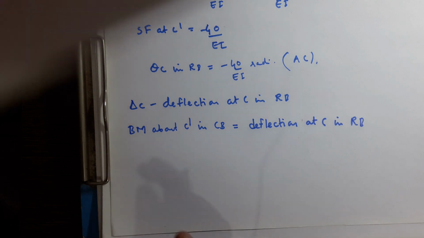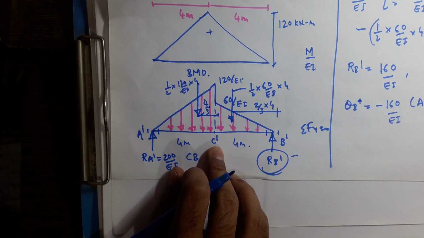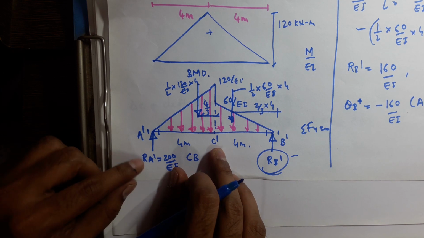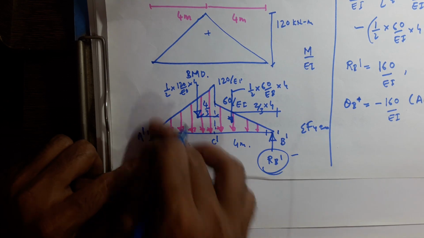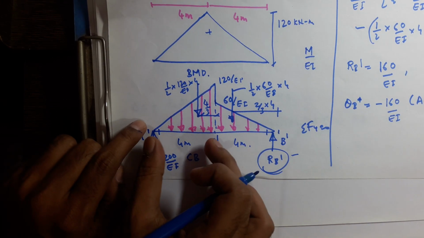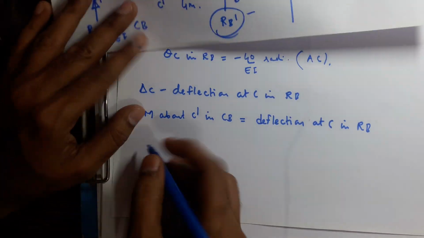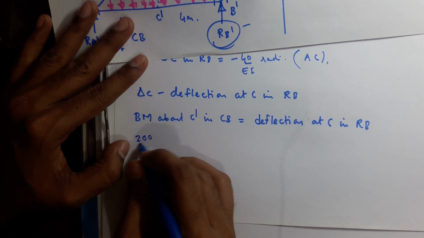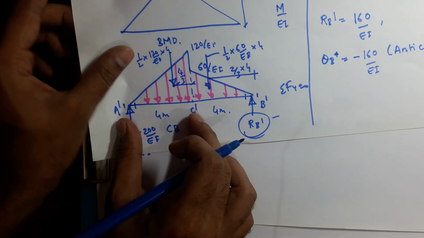So what will be bending moment at C dash in conjugate beam? If I go from A dash to C dash, first force I am getting here 200 by EI into 4, which is clockwise, okay. So I will write here 200 by EI into 4, RA dash into 4.